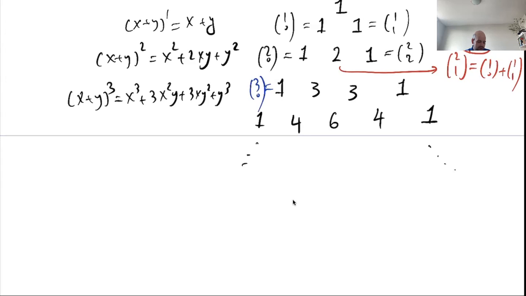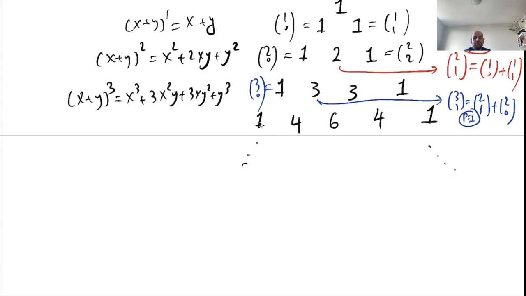Then what is the next one? Next one is 3 choose 1, which I can write as 2 choose 1 plus 2 choose 0, again by Pascal identity, which means 2 choose 0 and 2 choose 1. So these are the two numbers in the row above for 3. So 1 plus 2 is 3. Similarly, you can show that this number must be this number plus this number, which is 3. And the last number again, 1.